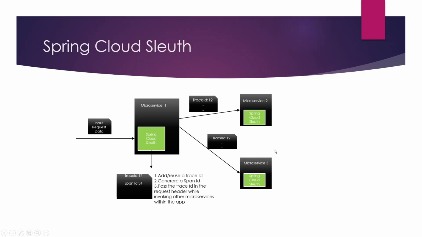Only difference is that if a trace ID is already generated and sent along the request, that will be reused. If there is no trace ID generated, the Spring Cloud Sleuth will generate one, and the remaining steps will remain the same for each of the microservices: generating the span ID, passing the trace ID in the request header while invoking other microservices.